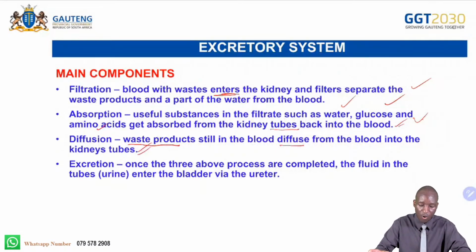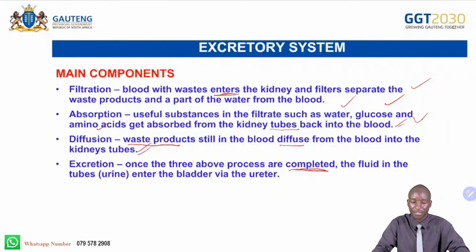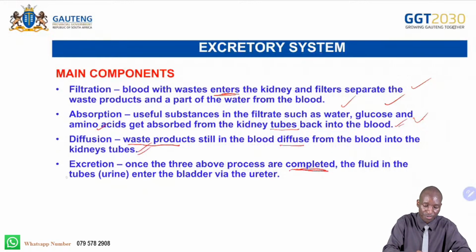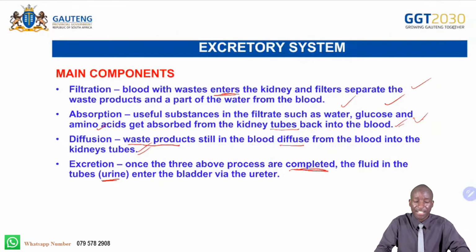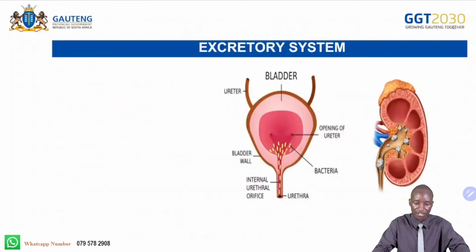Once the 3 above processes are completed, the fluid in the tubes, in the form of urine, enters the bladder via the ureter. So those are the processes. Then, of course, it is removed.